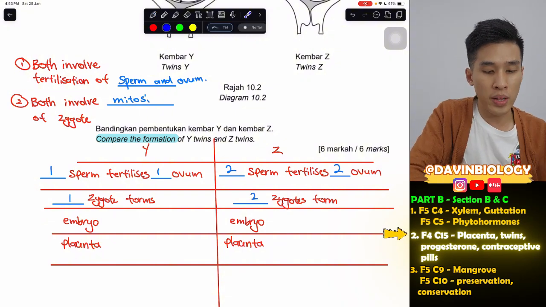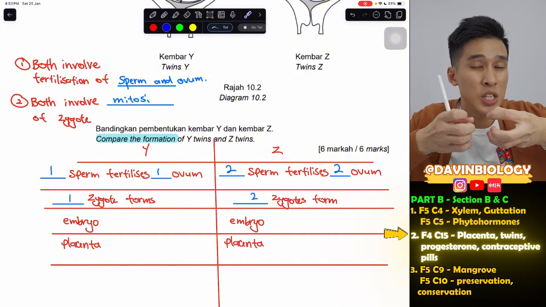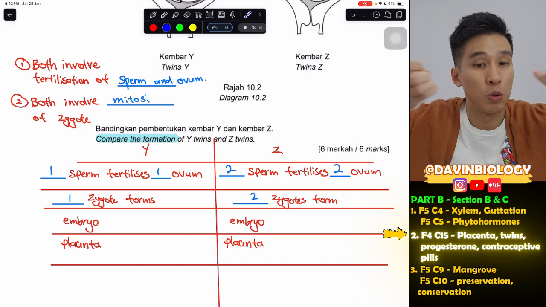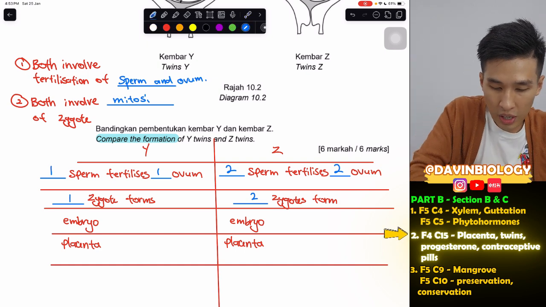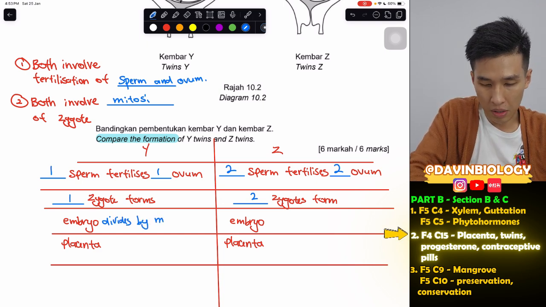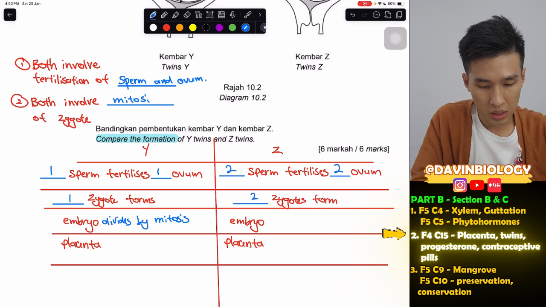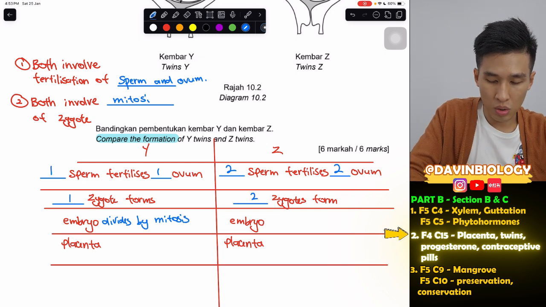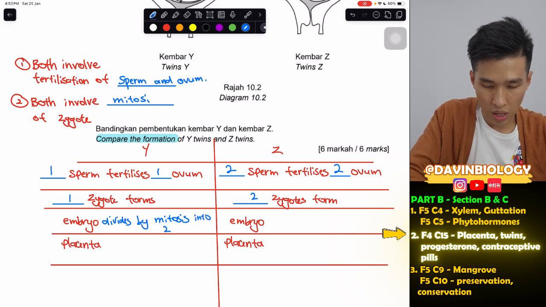However, even though this is 1 zygote, later when it becomes an embryo, this embryo will split into 2. So we will say this embryo divides by mitosis into 2 embryos.